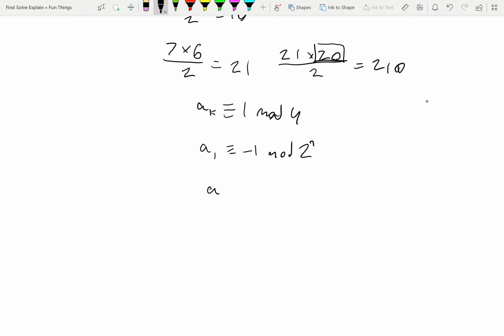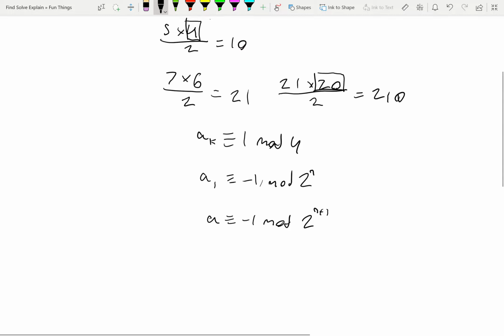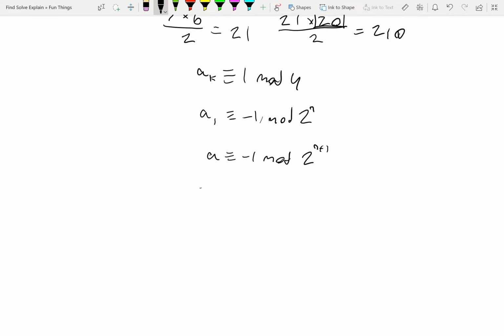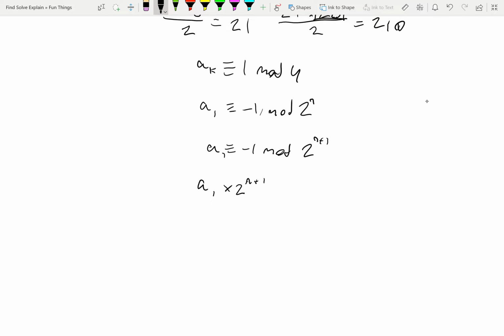Now we will look at the value of a1 congruent to minus 1 mod 2 to the n plus 1. We will look at this equation: we take a1 times (a1 minus 1), which is minus 2, all divided by 2.